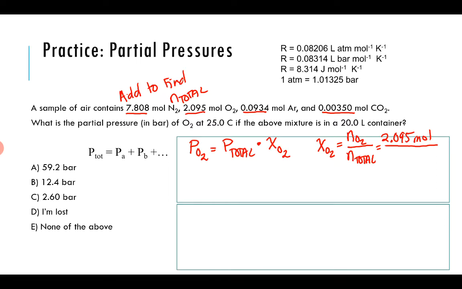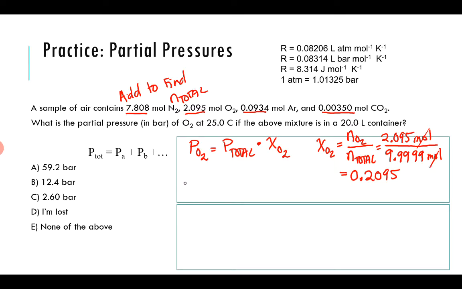I don't think I typed that in right. Yeah, there we go. So my N total is equal to 9.9999 mole. So my mole fraction is equal to 2.095 divided by 9.9999, which is equal to 0.2095. And again, there's no unit because the moles cancels out.